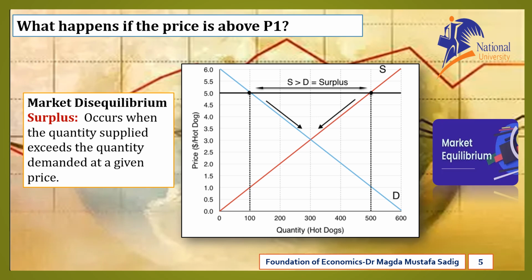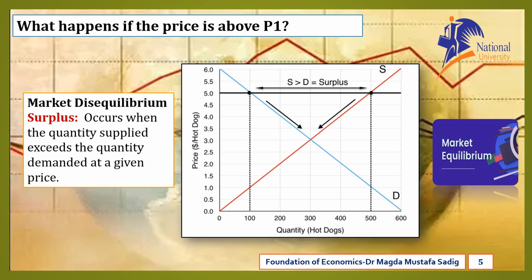So the equilibrium occurs at the intersection of the red line with the blue line, where the supply curve crosses the demand curve, where quantity supplied equals quantity demanded.